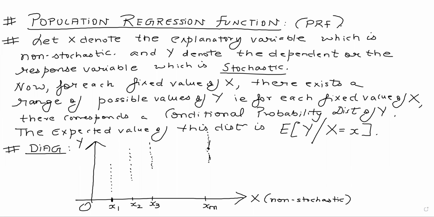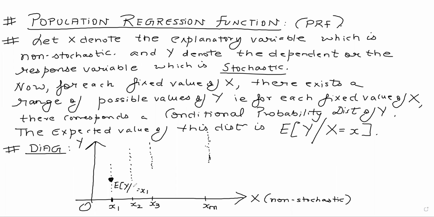That means for every value of X, I can say that Y itself is a random variable. Now what am I interested in? Out of all these values of Y, this particular value will be the expected value of Y when X takes the value equal to x1.